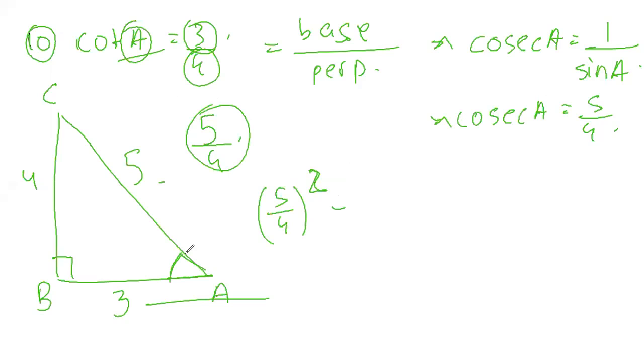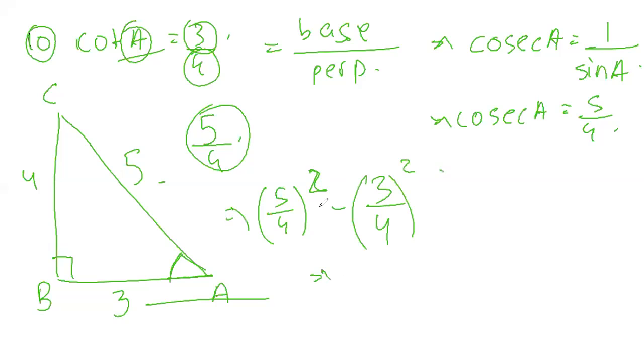Tan A, with respect to angle A, will be equal to 4 upon 3, that is perpendicular upon base. The reciprocal of tan A will be 3 upon 4, that will be cot A. The question is asking us to find cot square A, which means the cot A value whole squared.